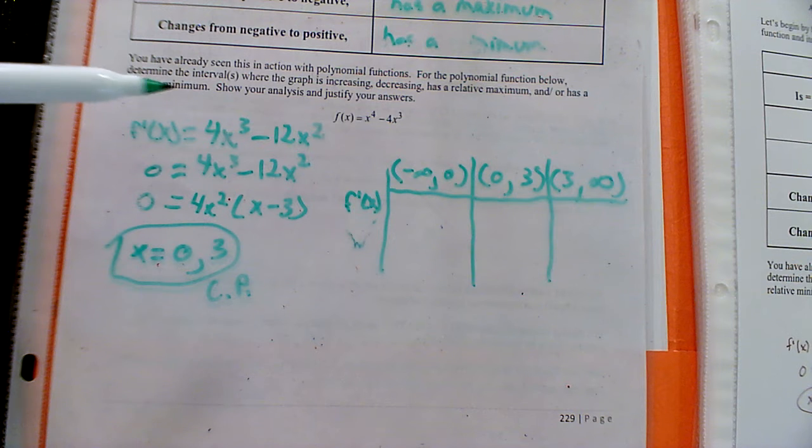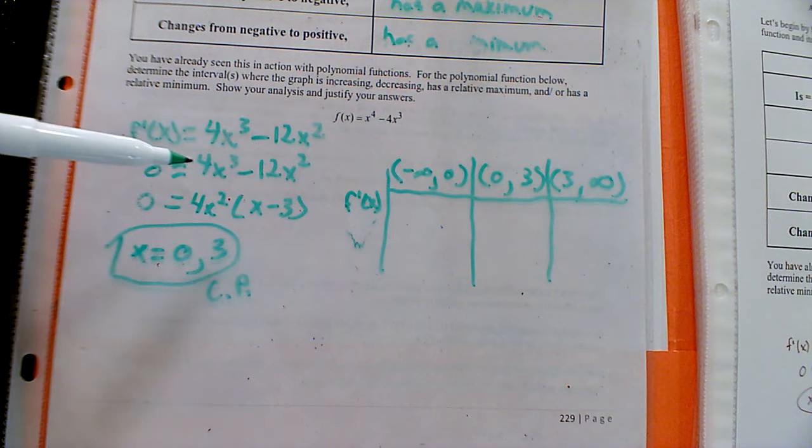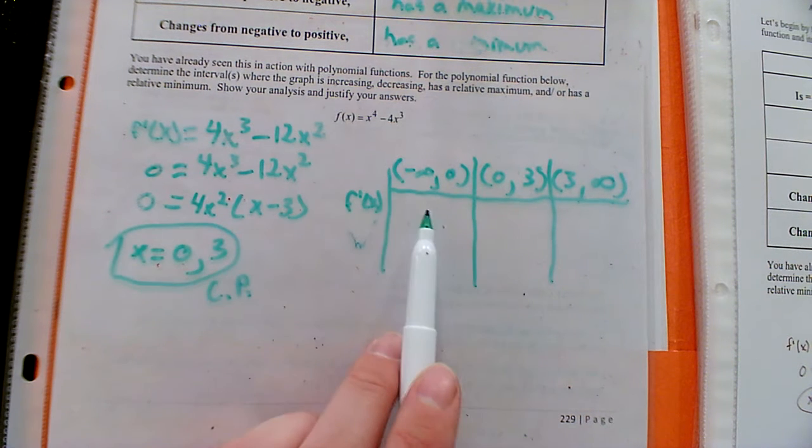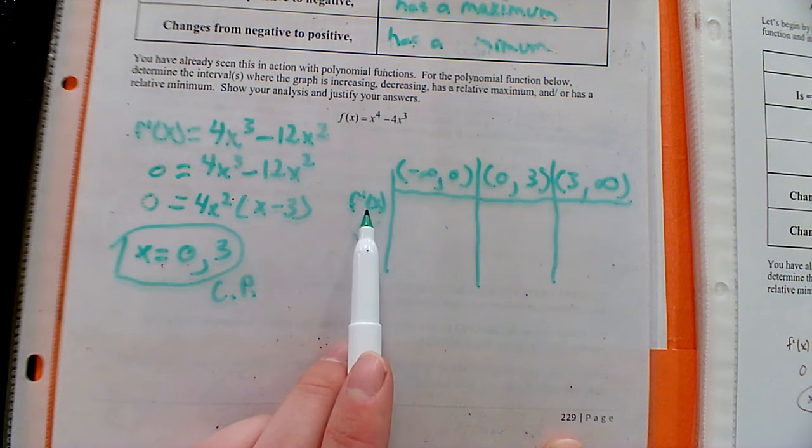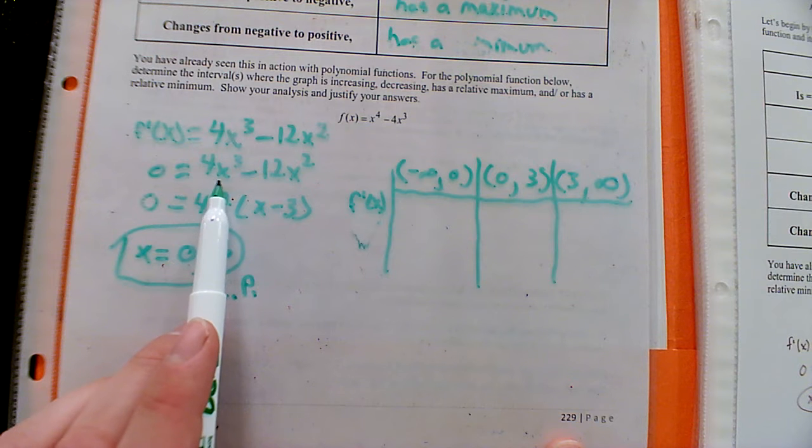So pick a value within there. What's a value within this interval? We can pick -1. So we want to know whether f prime of x is positive or negative, so let's plug it into the derivative.